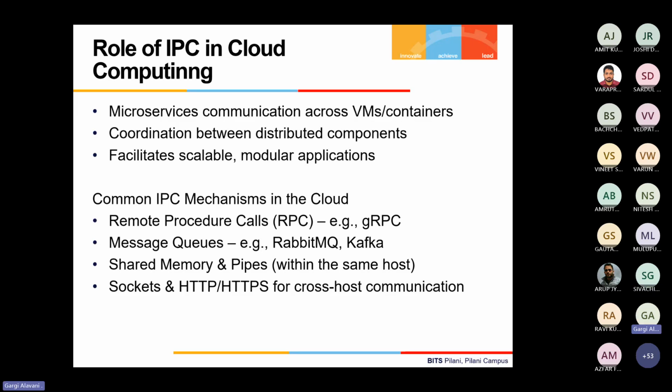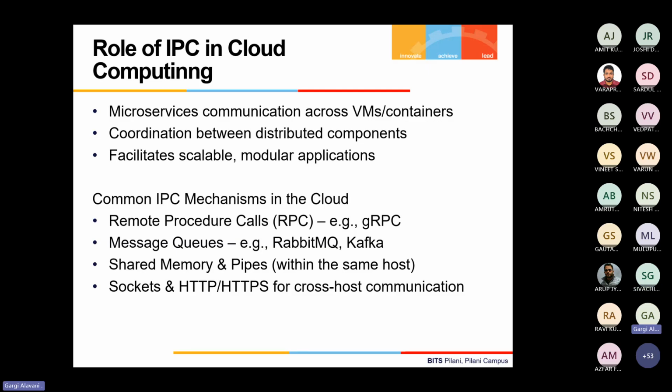If you use message queues, these are ideal if you want decoupled or asynchronous communication between different services, because you do not need a dedicated communication channel, and this can be taken care of asynchronously. Shared memory or pipes are great, but they have to be on the same machine or the same host.